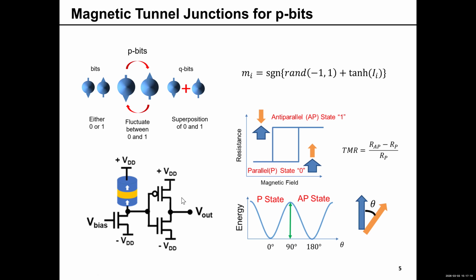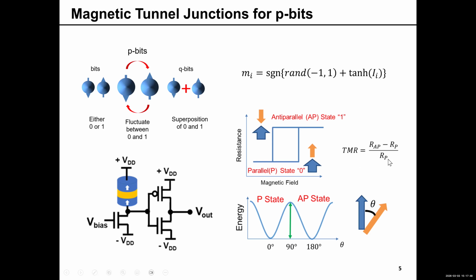There is an effect referred to as tunneling magnetoresistance, or TMR for short, whereby if the two layers have a parallel magnetization, the resistance is lower. And if they are anti-parallel, the electrical resistance measured across this tunnel junction is higher. So the relative difference between these two is called the TMR ratio.